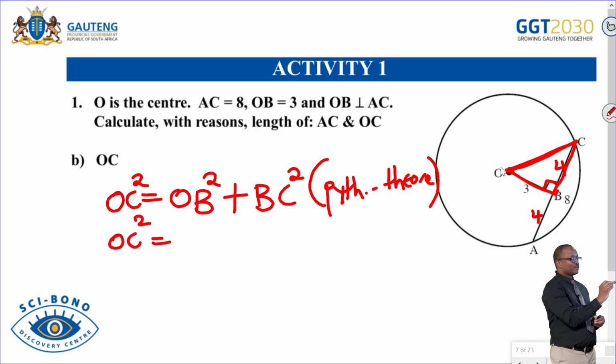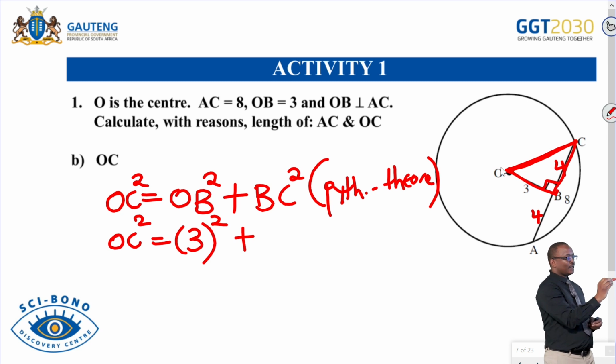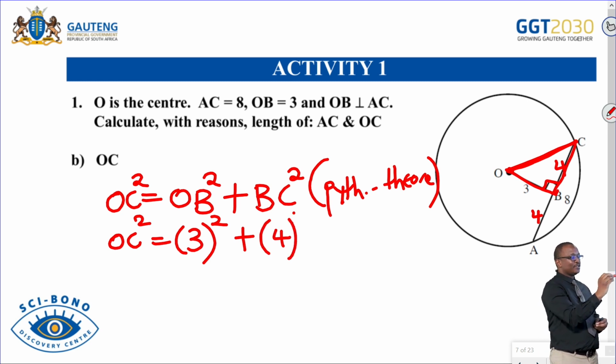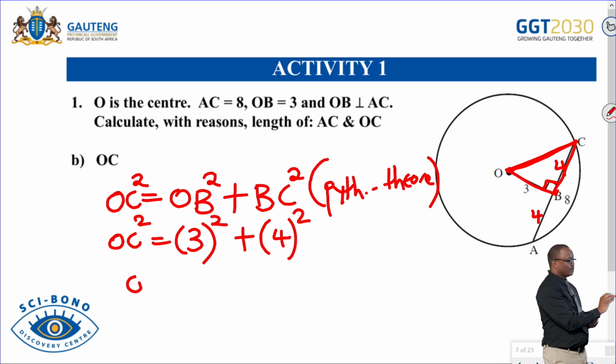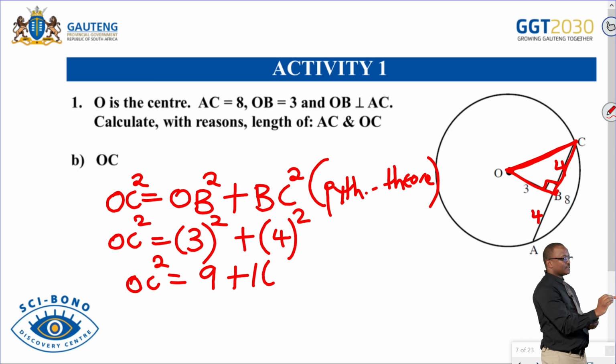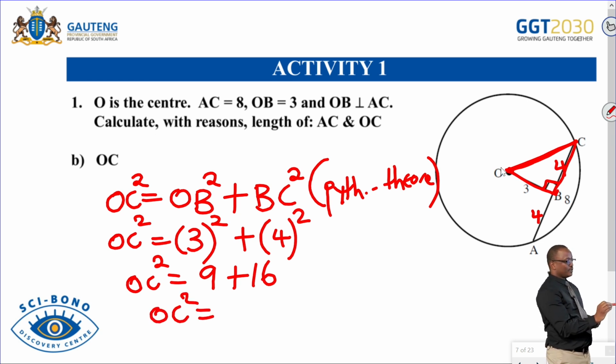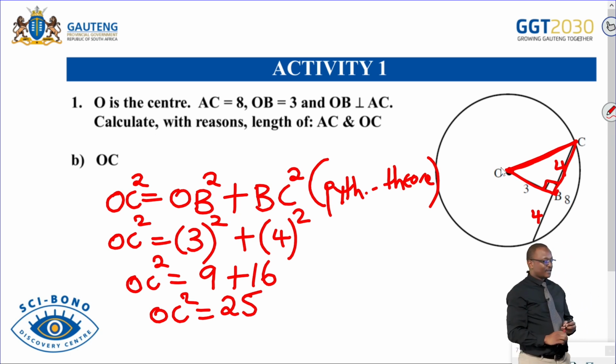OC squared is going to be 3 squared plus 4 squared. Then you punch in your calculator that 3 squared is equal to 9 and 4 squared is equal to 16. Then your OC squared is going to be 25 because 9 plus 16 is 25.